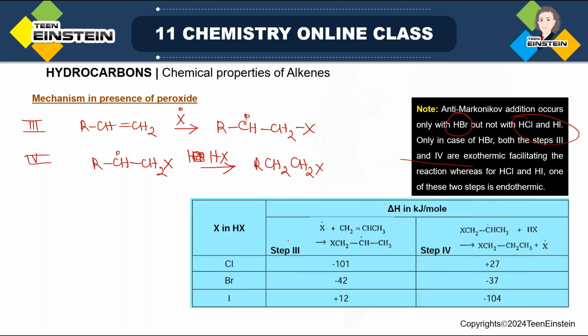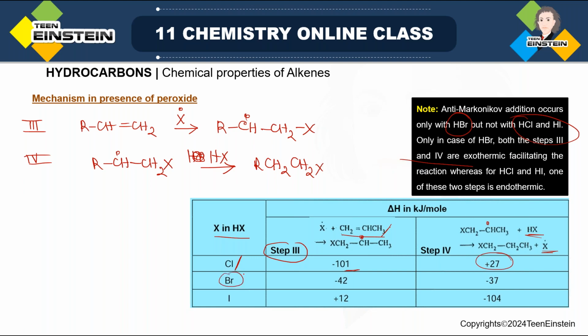Look at this. This is step 3, where X dot is attached to propene, which is just like RCH=CH2, here the R group is methyl, but whatever. You are getting this type of second degree carbon radical. Now HX, when X is Cl, that means it is HCl that you have taken, this step is exothermic, but the fourth step, where the radical on carbon is capturing H dot from HX, leaving behind X dot, is endothermic.